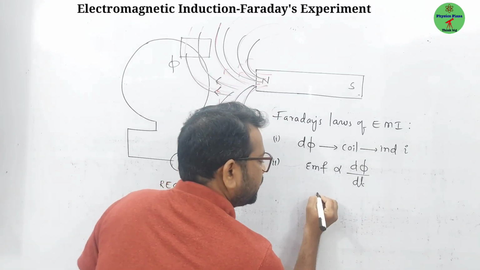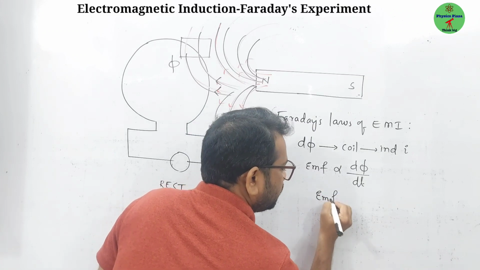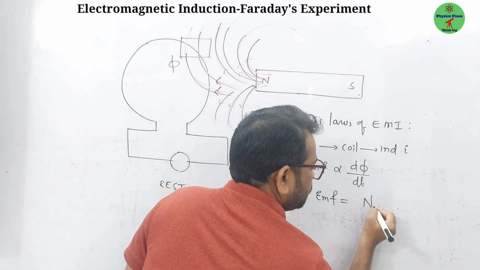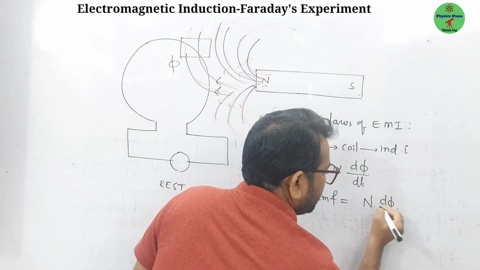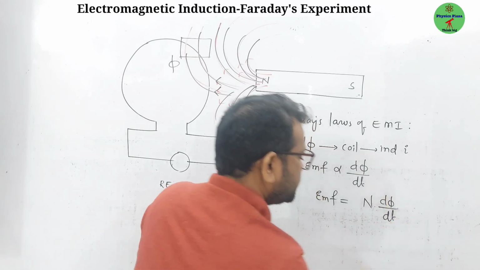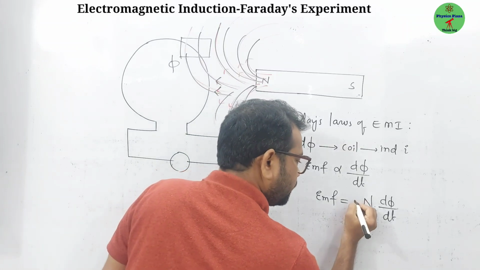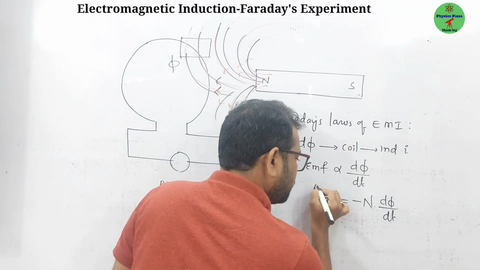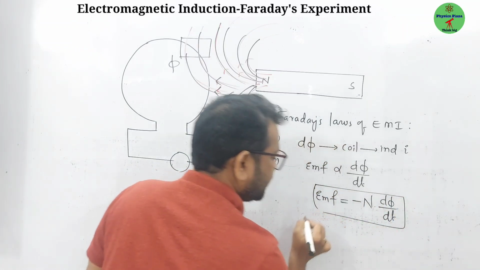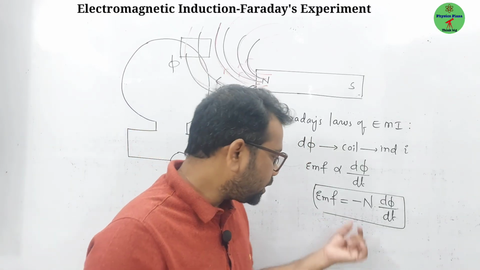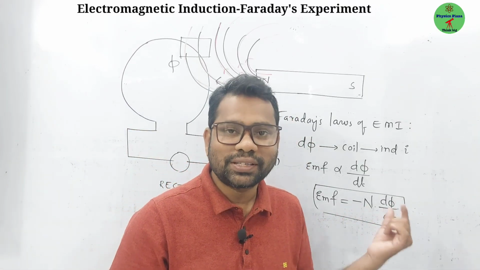Okay? So here we can write EMF is equal to minus N into d phi by dt. What is N here? N is the number of turns of the coil. Here we are placing a minus. Why are we placing a minus? That we will discuss in the next class. The importance of minus is there actually.